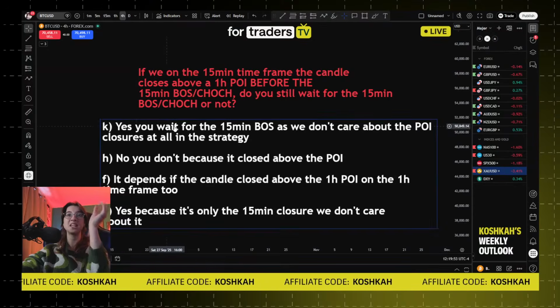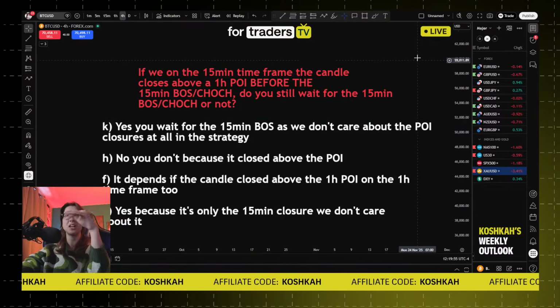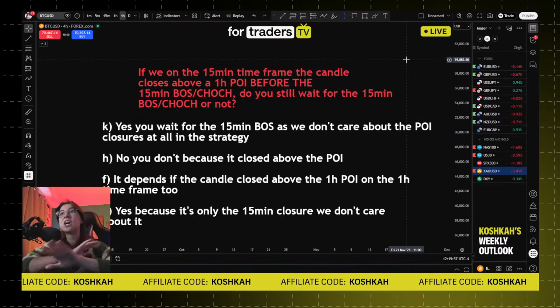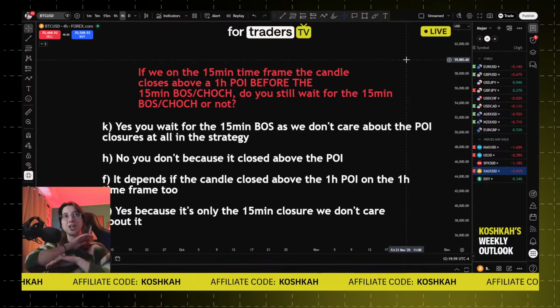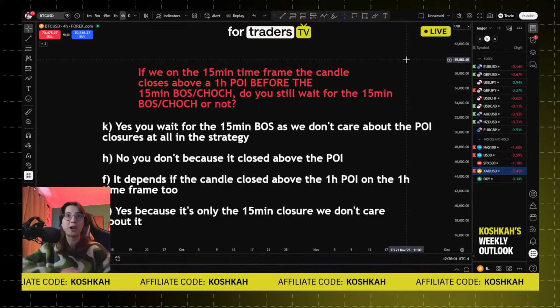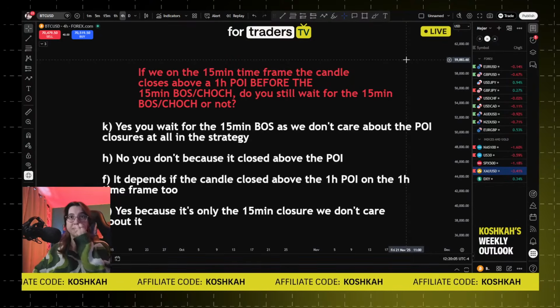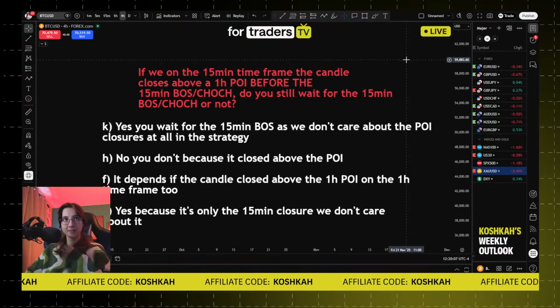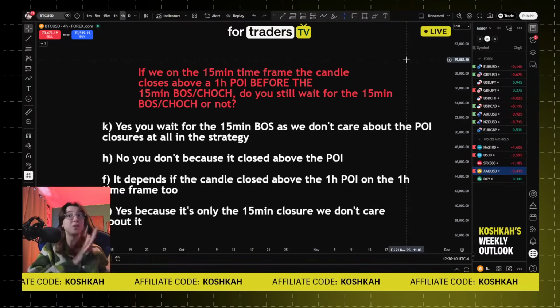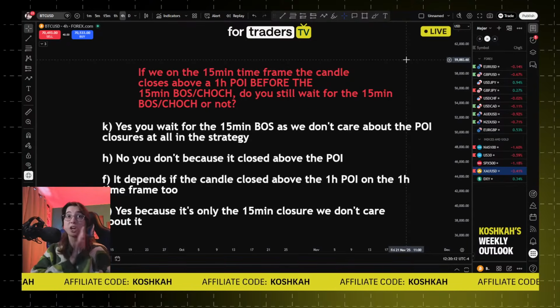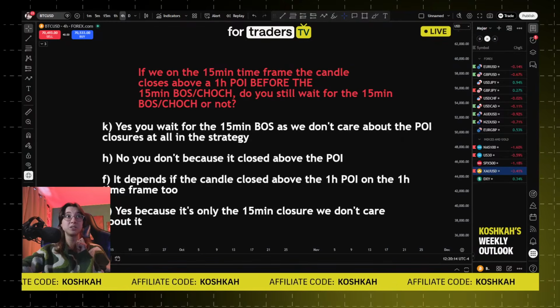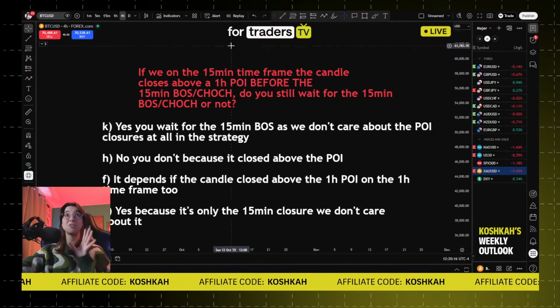So is it yes because you don't wait? Yes, because we don't care at all about the POI closure in the strategy. This is K. Okay. No, because it closed above the POI. It depends if the candle closed above the 1 hour POI or not. Or yes. Okay. So guys, I'm gonna give you the answer.